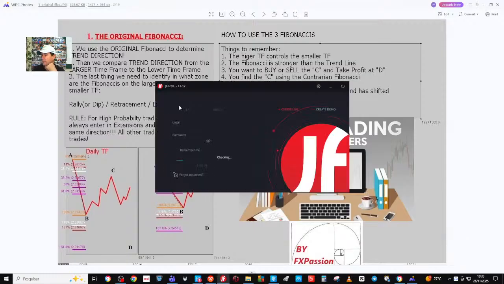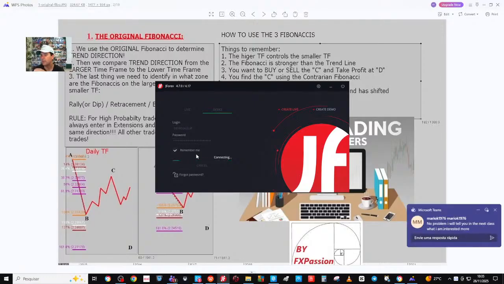Okay, everybody, if you don't have your charts ready, then it's going to be difficult. Okay, type in the chat, there is no right or wrong. Find a currency pair that is in an uptrend. Marcel, no problem, I will tell you in the next class what time. Okay, thank you, Mario.